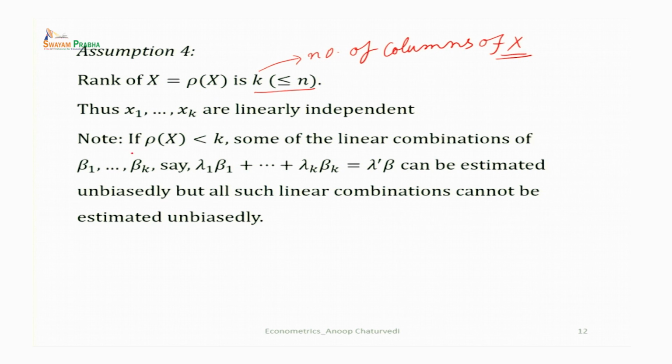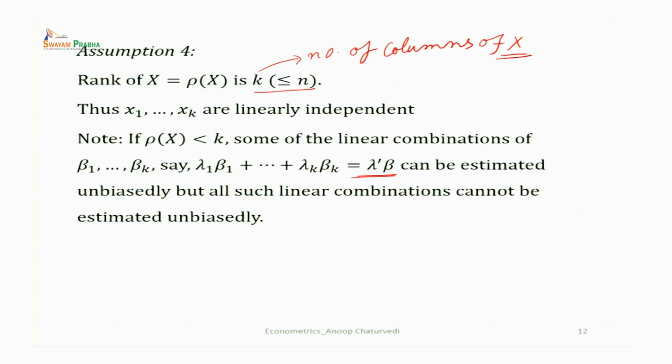And you may note that if rank of X is less than k, then of course, some of the linear combinations of beta 1, beta 2, so on beta k, say lambda 1 beta 1 plus so on plus lambda k beta k, which you can write as lambda transpose beta, can be estimated unbiasedly, but all such linear combinations cannot be estimated unbiasedly.